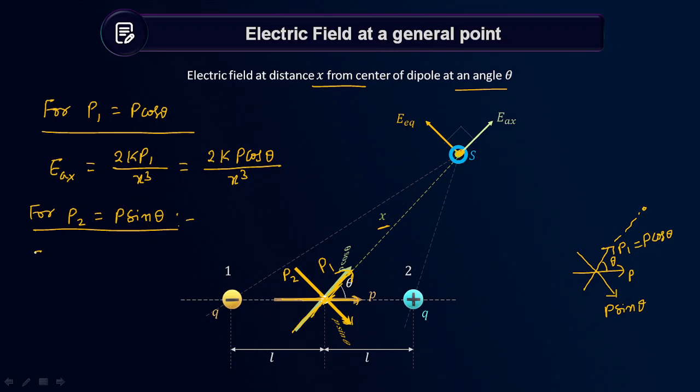So E at the equatorial point will be equal to minus kp by r cube. The minus sign means the direction is opposite. So it becomes minus kP2 divided by x cube, and this value we can write as kP sin theta divided by x cube, right?